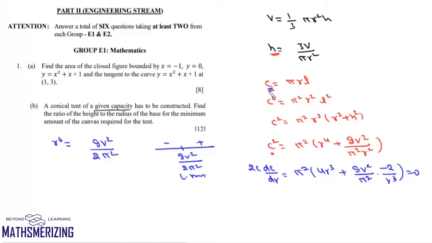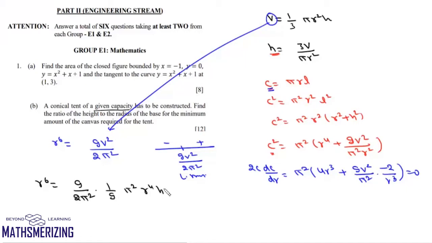So the curved surface area will be minimum when the value of r to the power 6 is 9v square upon 2 pi square. Now we'll put the value of v here. We get r to the power 6 as 9 upon 2 pi square, and here v square will be 1 upon 9 pi square r to the power 4 into h square.